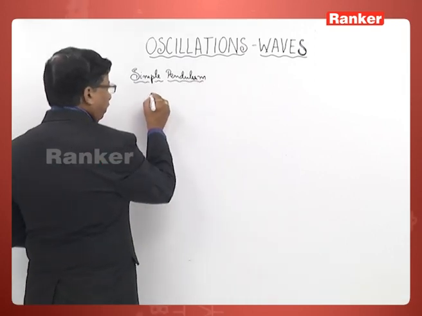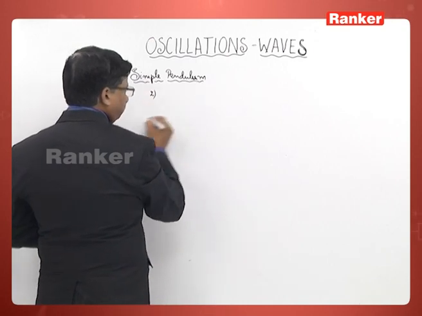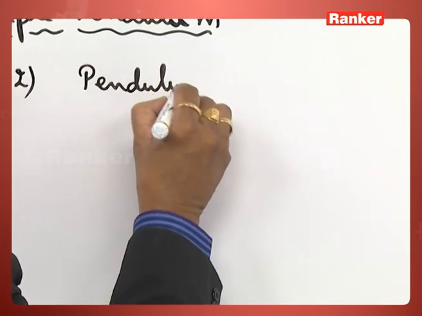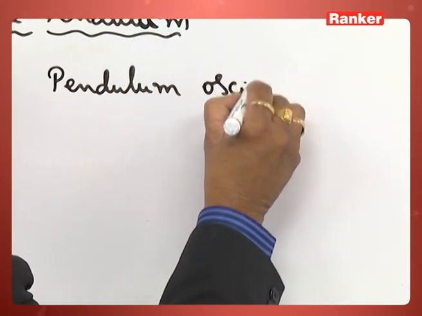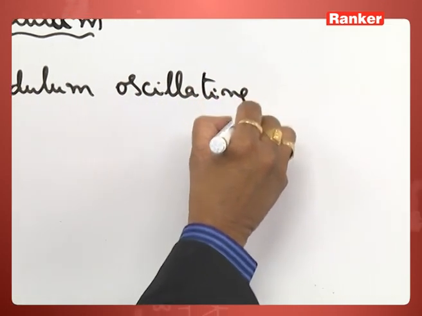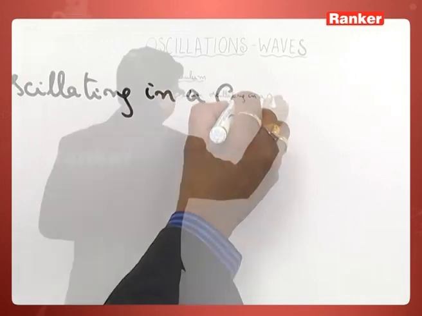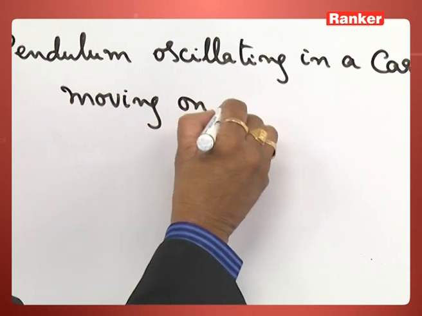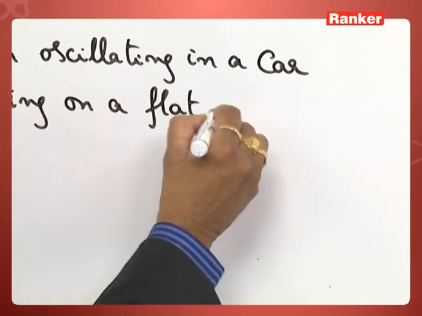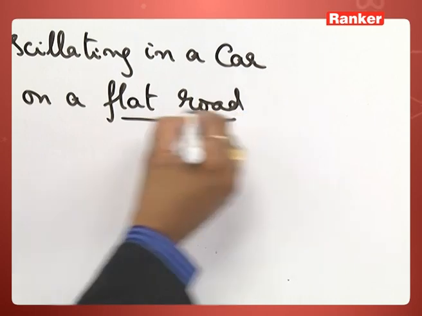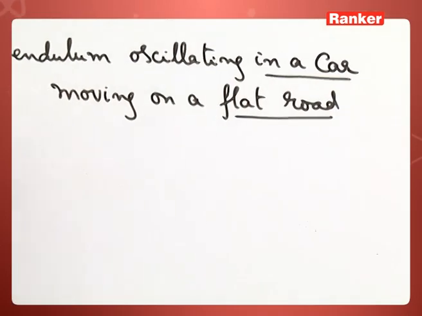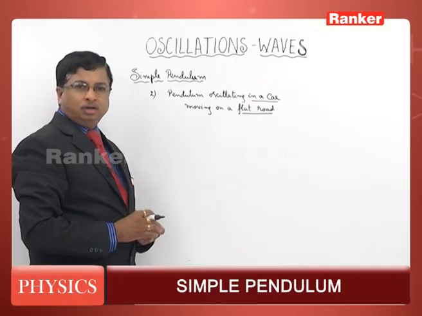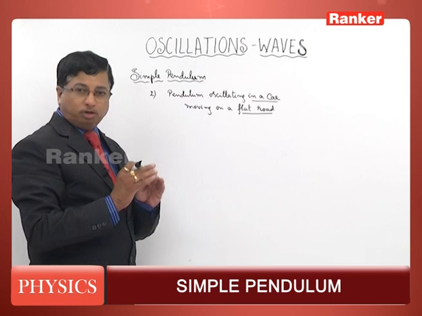So let us take this as the second case: a pendulum oscillating in a car moving on a flat road. Why are we considering a flat road? The concept is quite simple. The road may even be circular, then the values are going to differ.